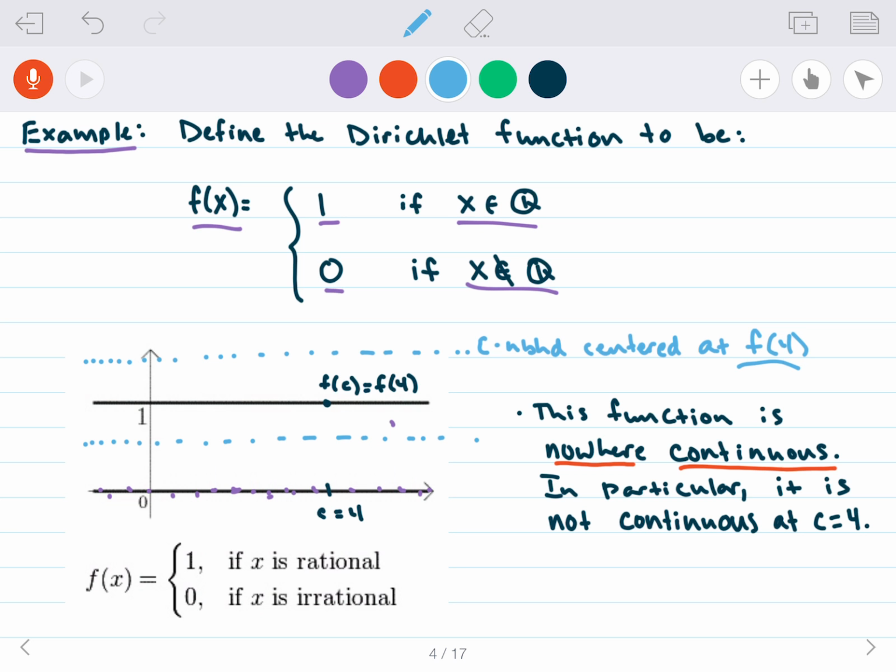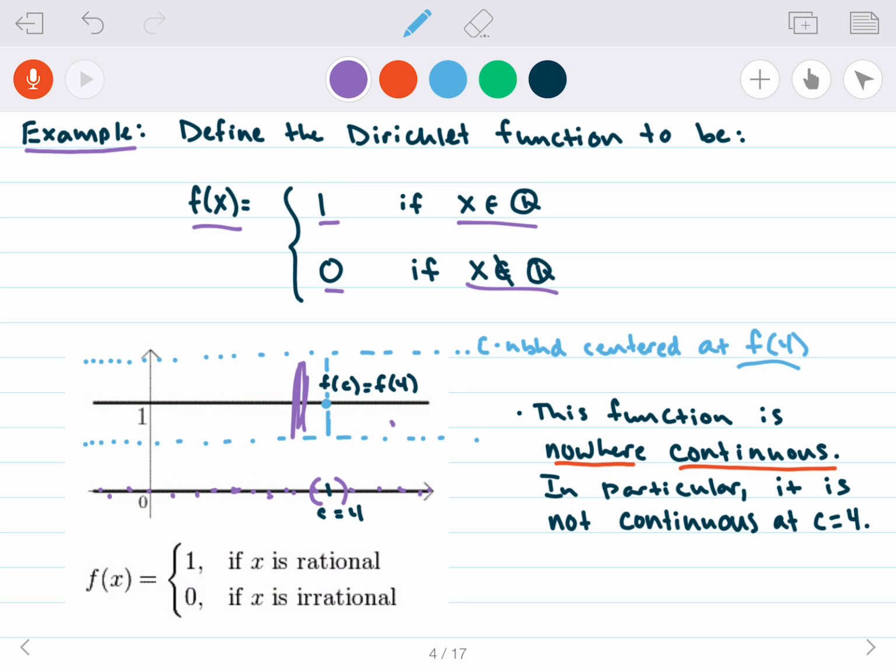Here's f of 4, and this is the epsilon neighborhood centered here. If this were continuous at c equals 4, I give you this epsilon neighborhood in blue, and we should be able to produce a delta neighborhood centered at 4, so that when you apply f to anything in this delta neighborhood, you should end up here.